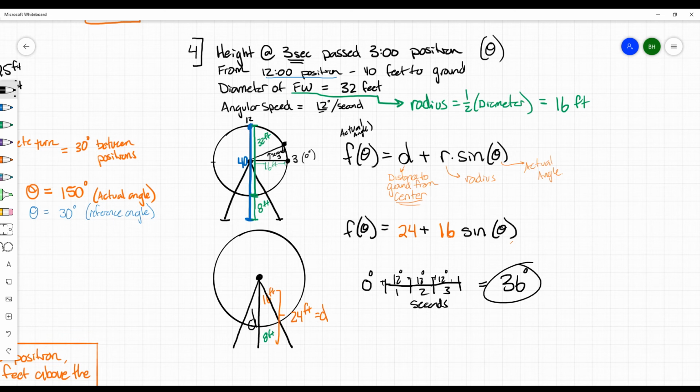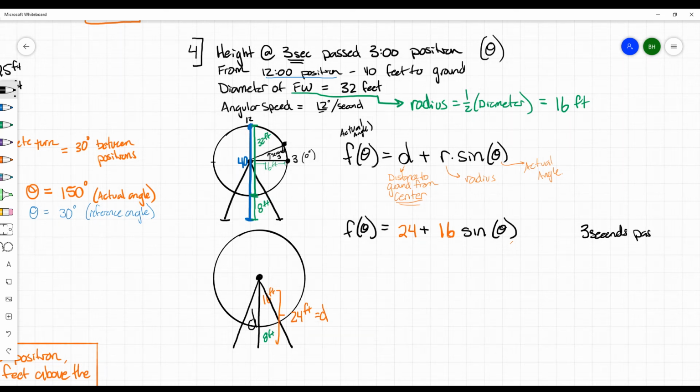So if I take that 36 degrees, I'll write that over here. 3 seconds past 3 o'clock is the same as 3 seconds past 0 degrees, which is the same as 36 degrees past 0 degrees, which equals 36 degrees.